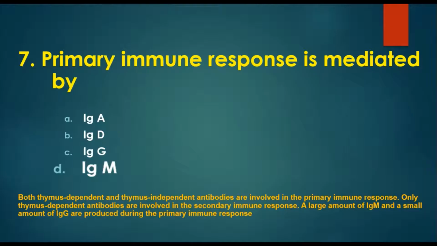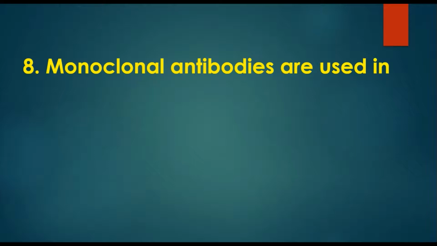Only the thymus dependent antibodies are going to be involved in the secondary response. A large amount of IgM and a small amount of IgG are produced during the primary immune response.